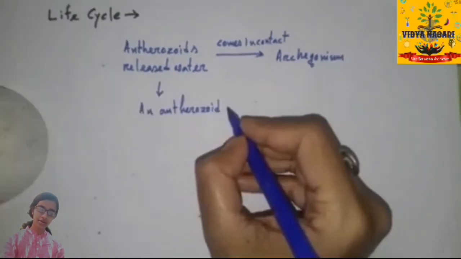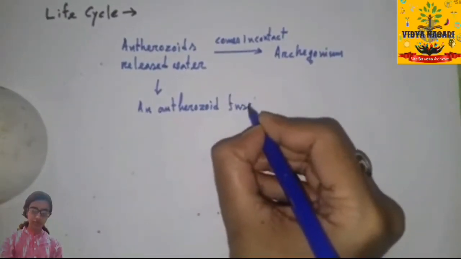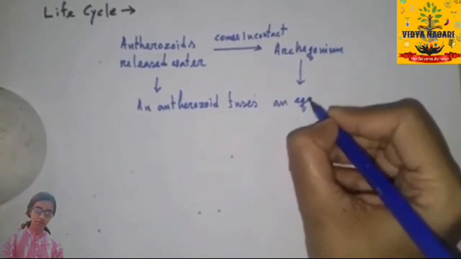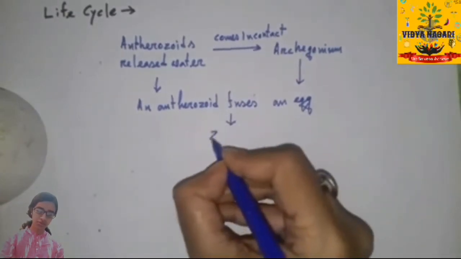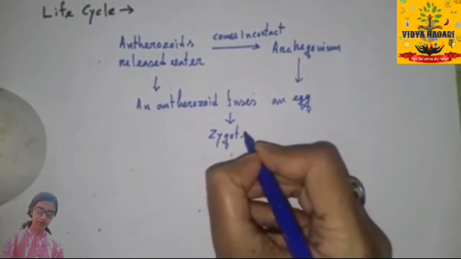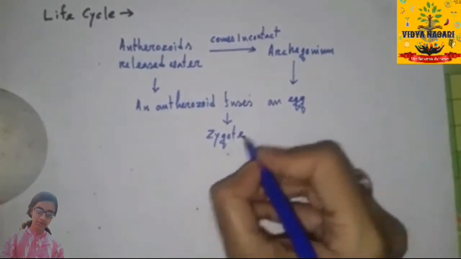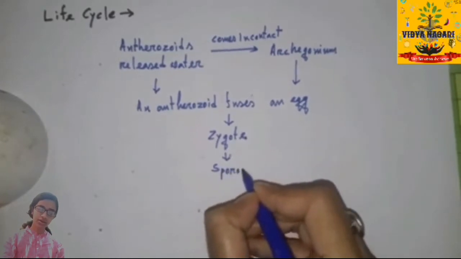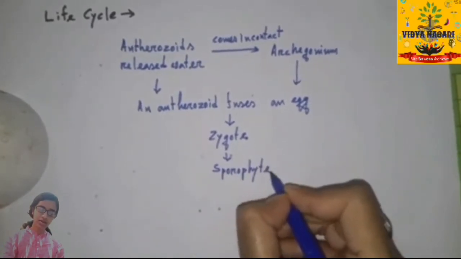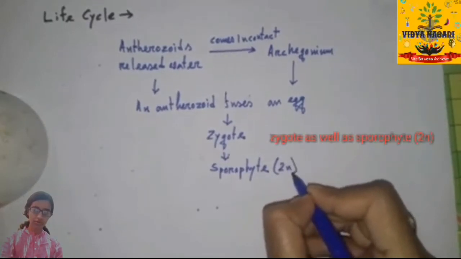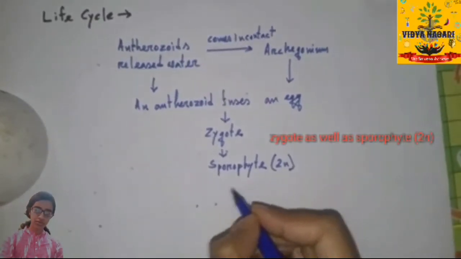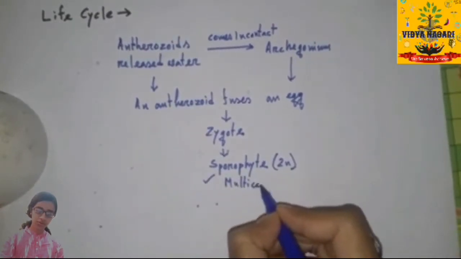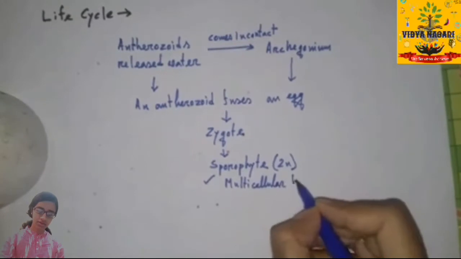Now the antherozoid fuses with an egg and produces a zygote. Now this zygote forms the sporophyte. They are diploid, and this sporophyte is a multicellular body.